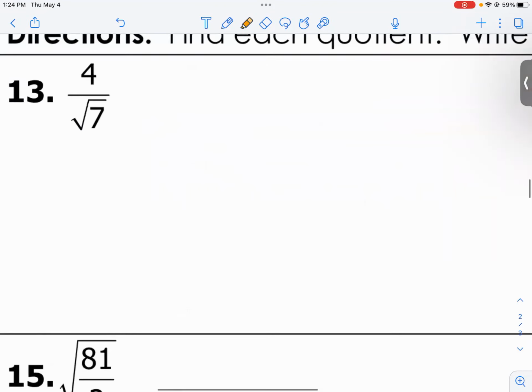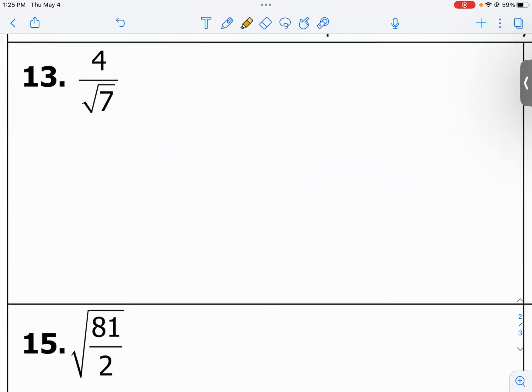Tell me what that means. Do we have a radical in the denominator? Yes. Okay, so we need to rationalize the denominator. If I need to multiply numerator and denominator by the radical that we have in the denominator, what is that radical?